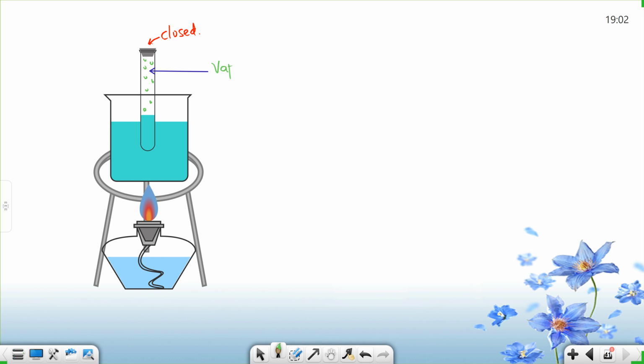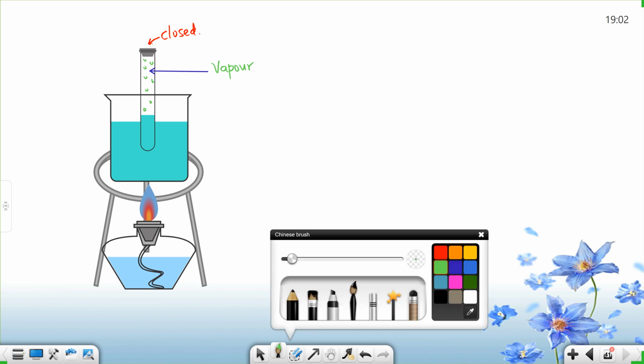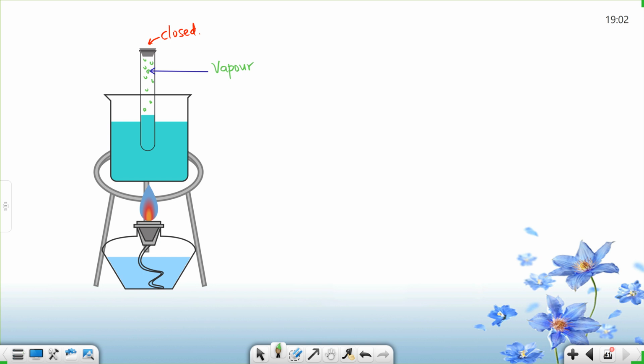So all of this is vapor. Now, as the vapor increases, what happens? It starts creating pressure.